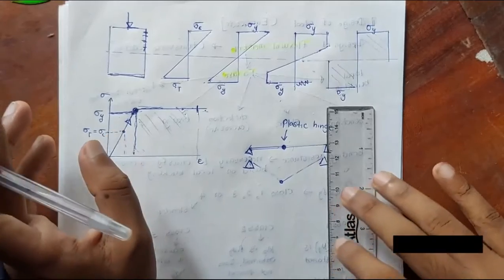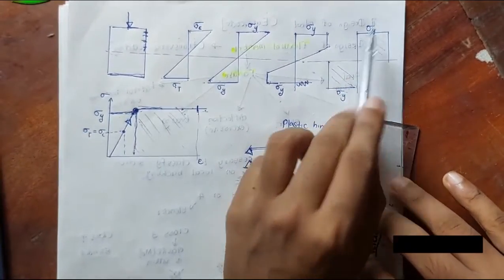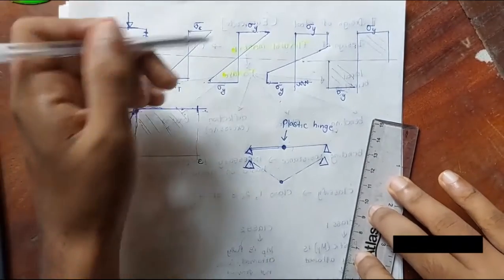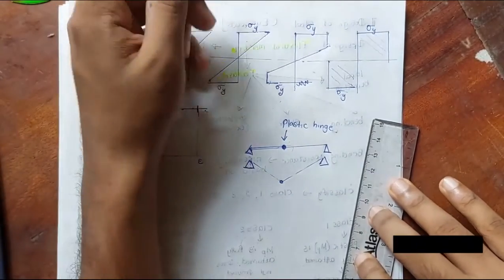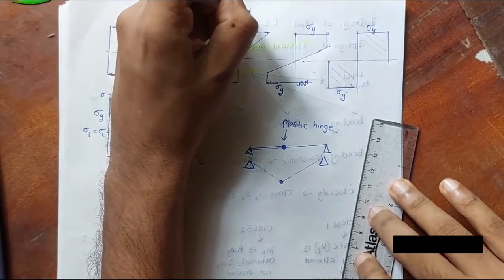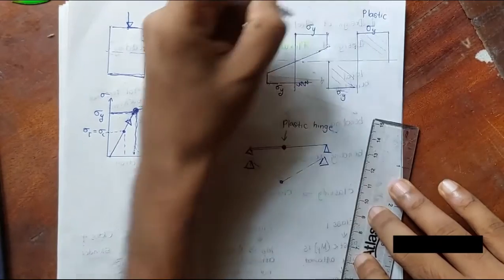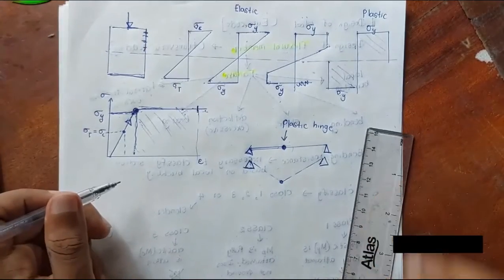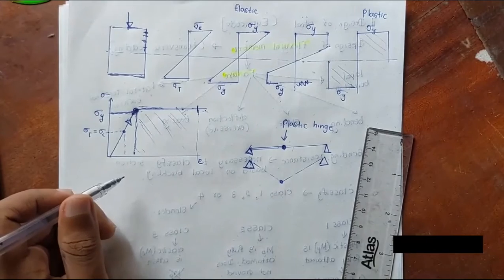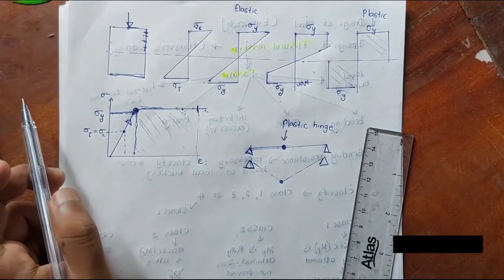So what you need to know is how your section becomes fully plastic. Here you are in the elastic state, then plastic. This is partially plastic behavior, not fully plastic, so you already have a moment.